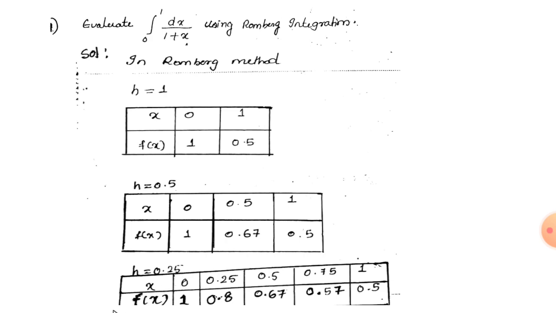When h is equal to 1, the values of x and f of x will be this one. When h is equal to 0.5, the values of x and f of x will be this one. When h is equal to 0.25, these will be the values of f of x.